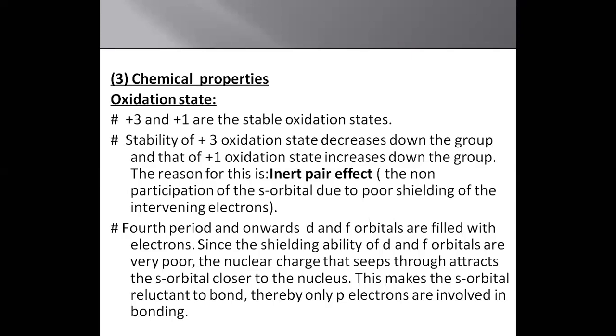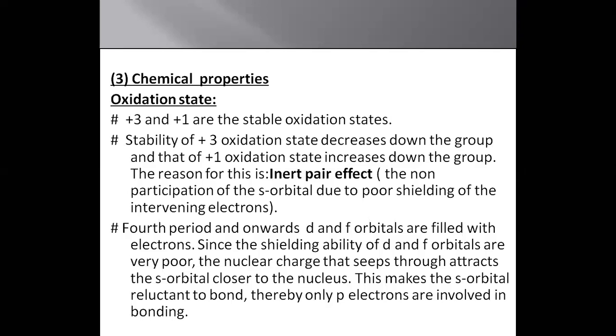Hence these elements show the +1 oxidation state, involving bonding only with the p electron. And how many p electrons are there? Only one. That is the reason the +1 oxidation state is stable down the group.